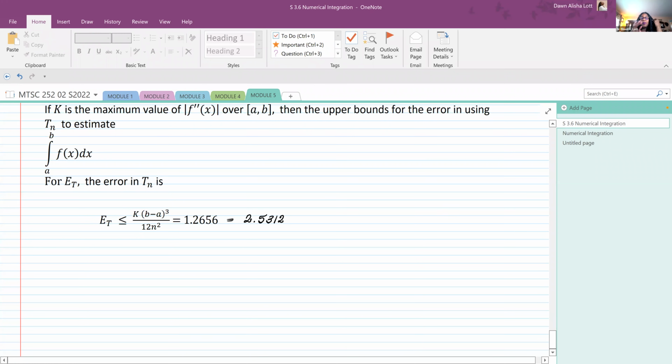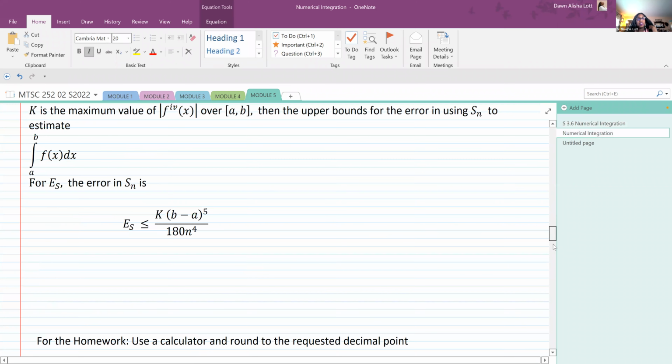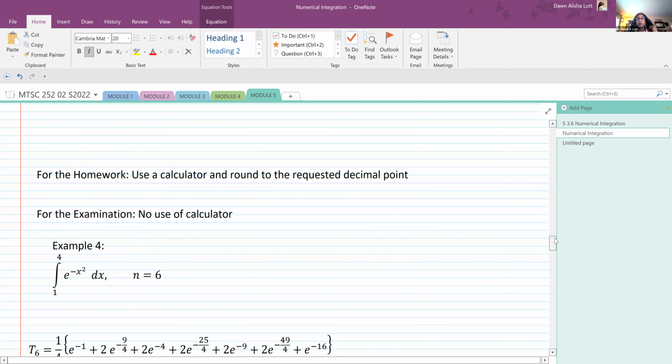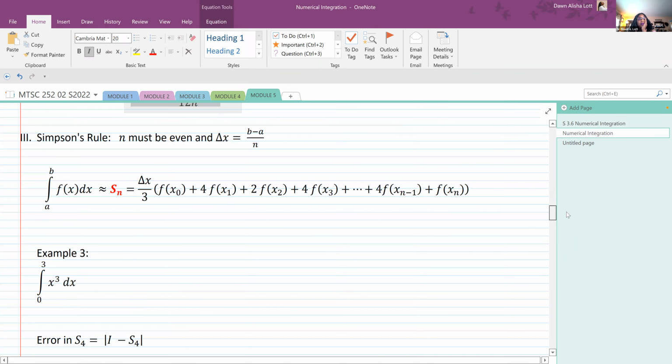And the last one, I'm not going to derive, because deriving it is rather difficult. So I'm not going to derive Simpson's rule. It would take up a lot of our time. Here it is.